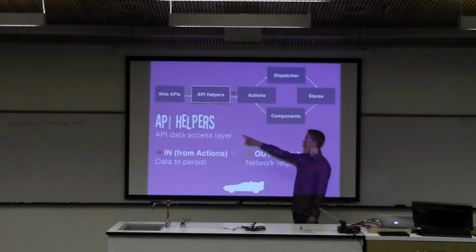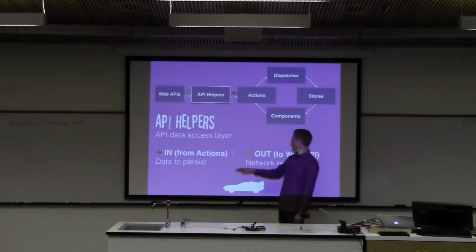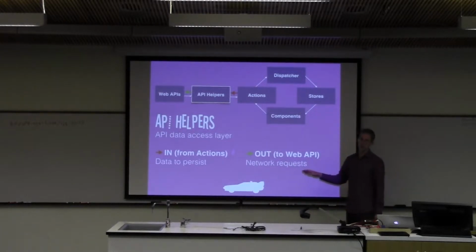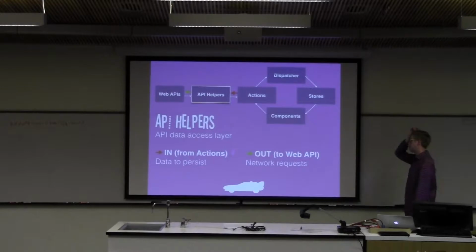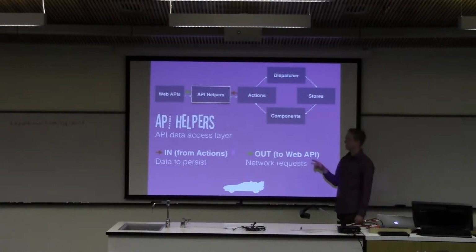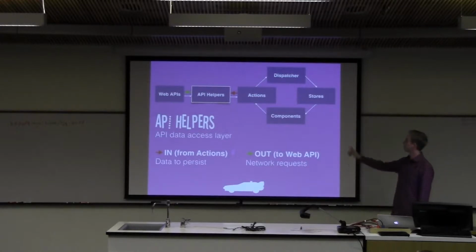So here in API helpers, this is just the data access layer. All of your HTTP interface libraries are going to live here. And as it gets this data to persist, all it's going to be doing is making network requests. One interesting thing is that this is one of the few places that we still usually end up having async code inside of our Flux loop.